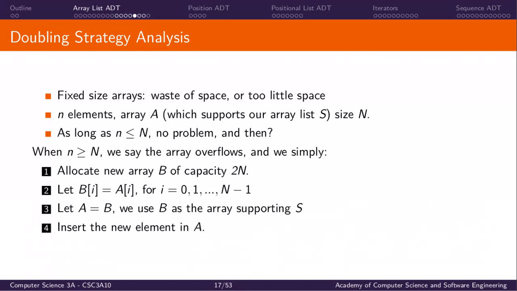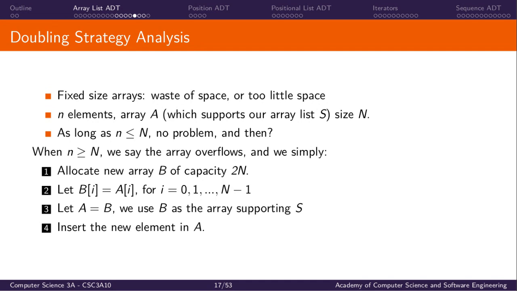Note that regardless of what size we begin our array at, we are creating either too much space or too little space, depending on what our end size is going to be. We don't know how many elements we're going to add at the end of it, that n. So we're either going to be creating something that's too large or too small. So instead we start with something very small, like 1, and simply double it each time.